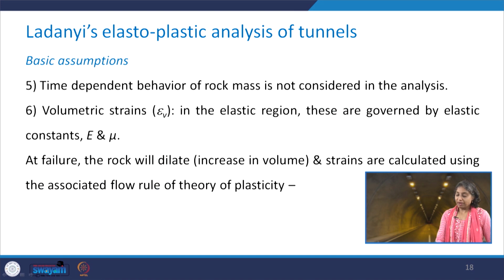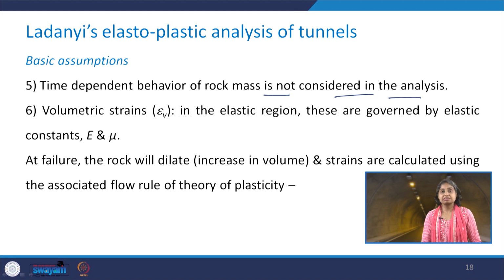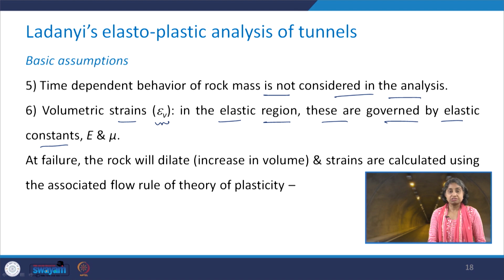The time dependent behavior of the rock mass is not considered in the analysis, that is another assumption. Then the volumetric strains, which are represented by epsilon v, in the elastic region are governed by the elastic constants, obviously the modulus of elasticity and the Poisson's ratio.